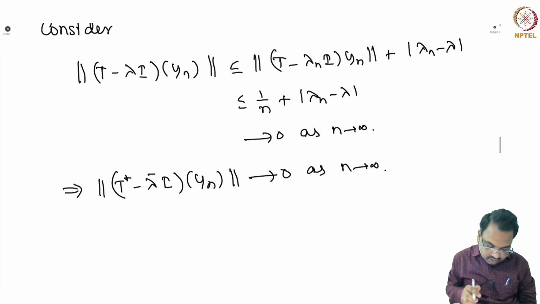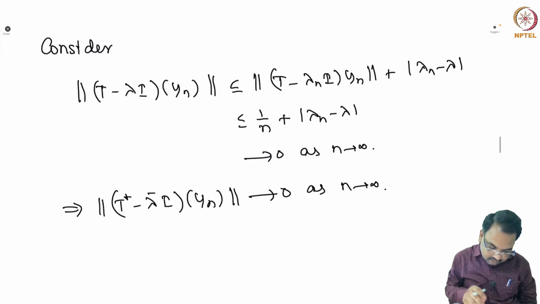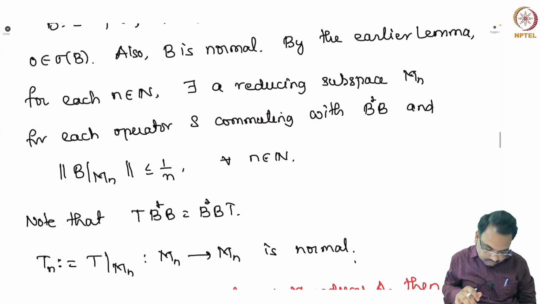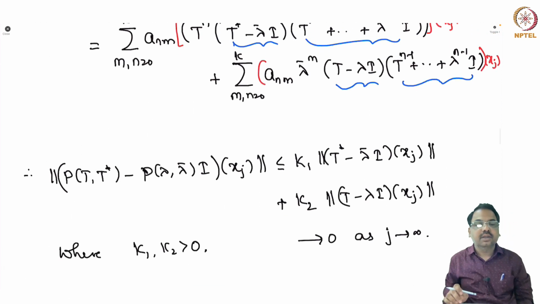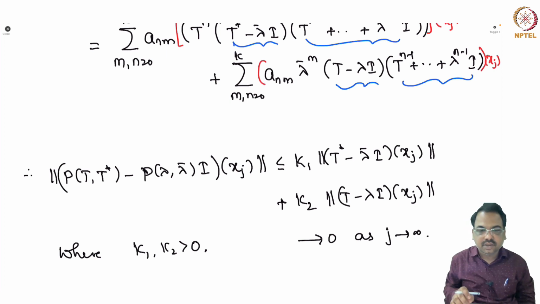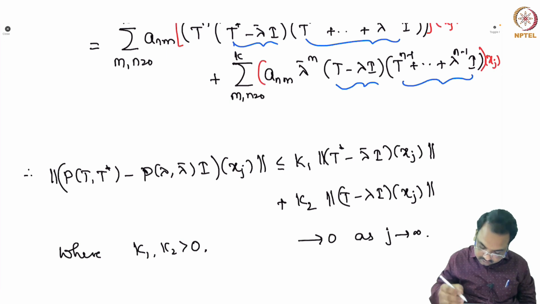Now from these two we can conclude that norm of (p(T star) minus p(lambda bar) identity) on y_n converges to 0. So let us call this equation 1.